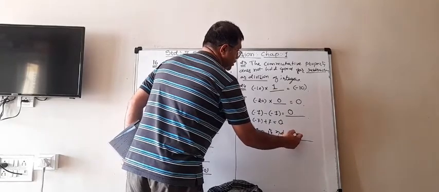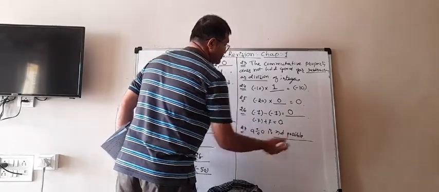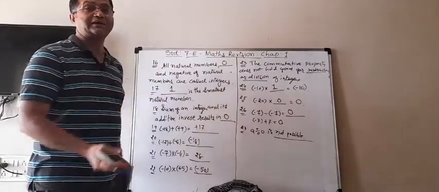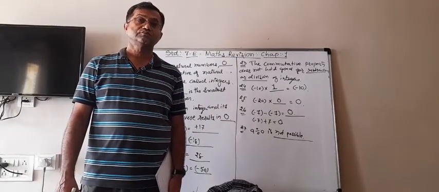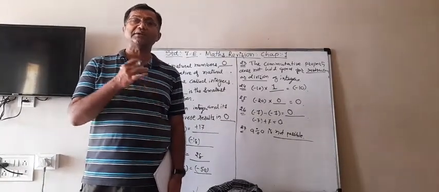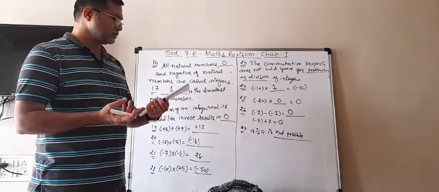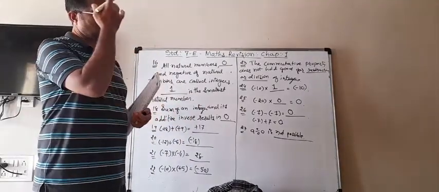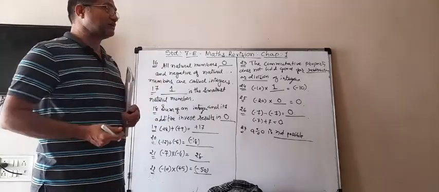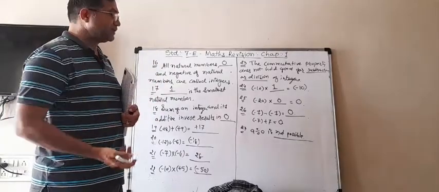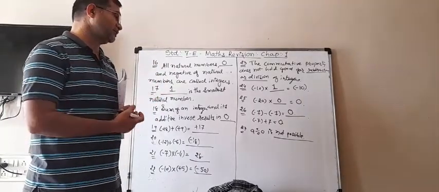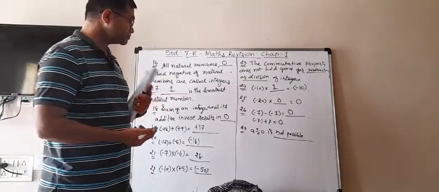We can write down not possible. Why? Because we can't divide any number by 0. So A divided by 0, your answer will be not possible. So you can check whatever the alternatives are given for the MCQ, or if it is a blank, then you can write down not possible.